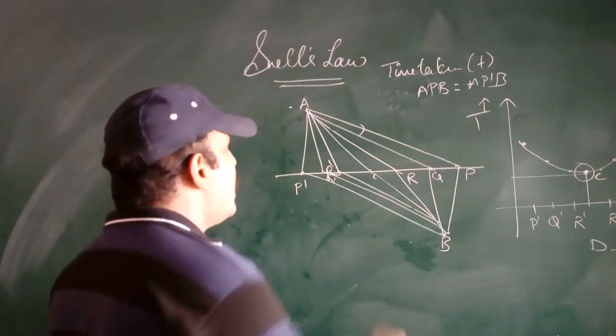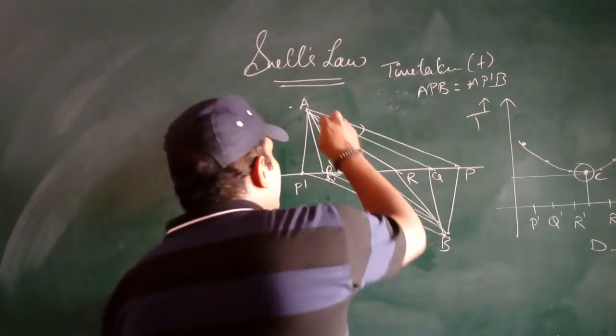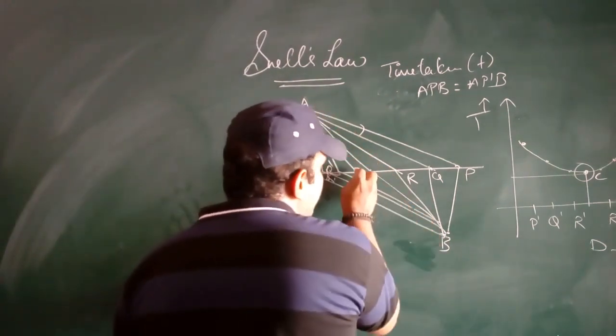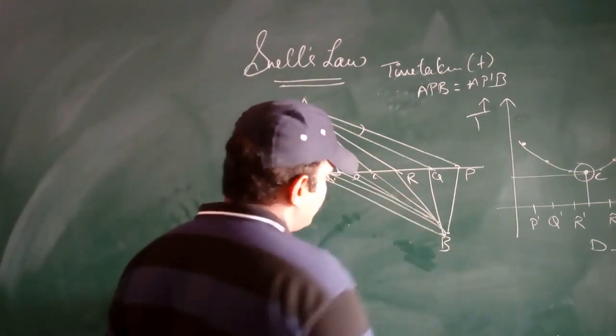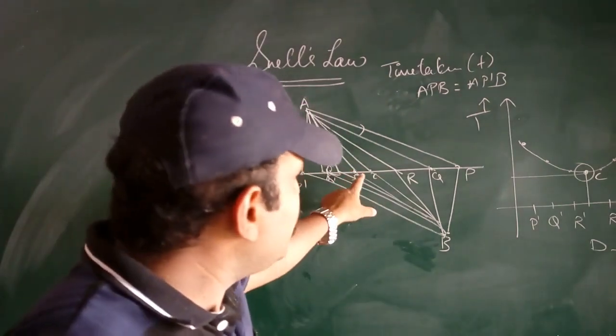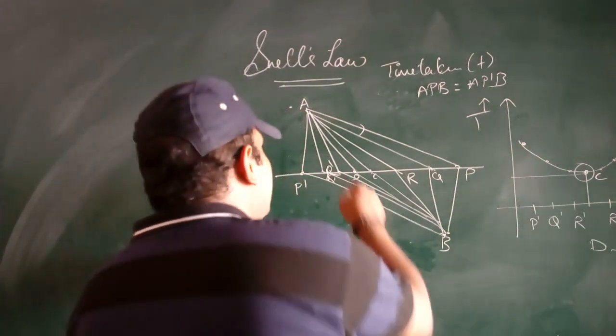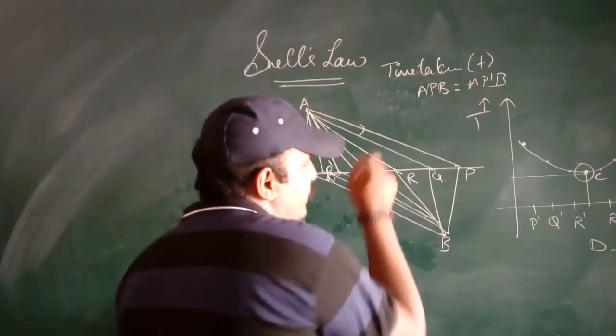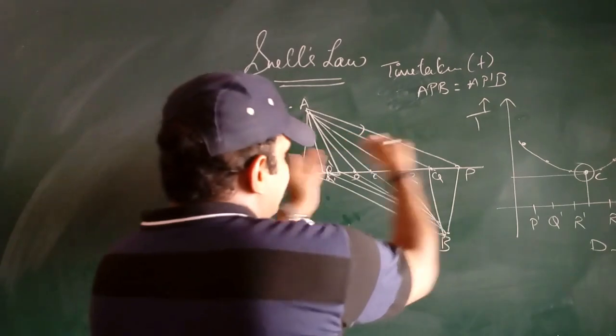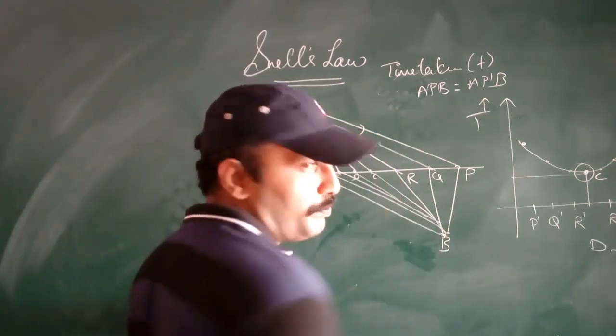Now here what I will do, I will take one more path, ADB. Why ADB? Because C and D positions are very near. So I will take one more path ADB along with ACB. I will remove all the other paths and consider only these two paths.